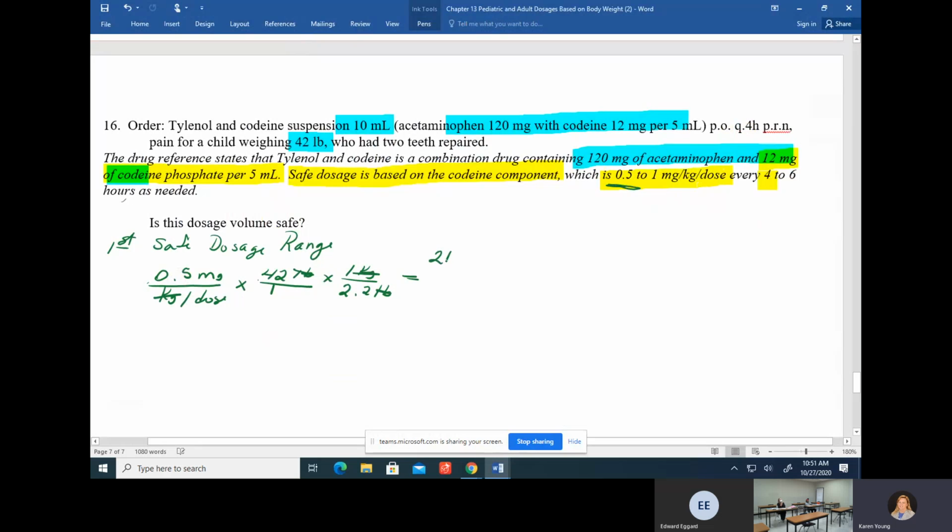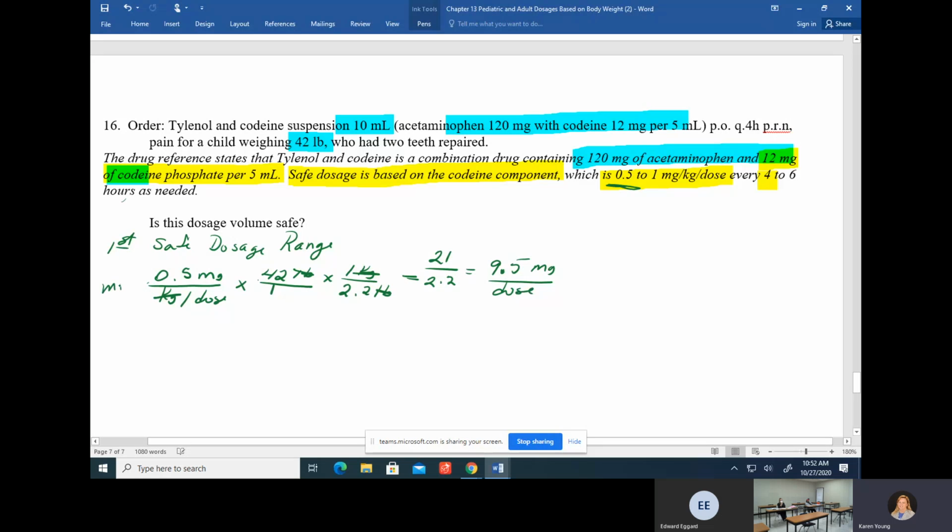And I get 21 divided by 2.2 because it's the only number on the bottom. And I get 9.5 milligrams per dose.